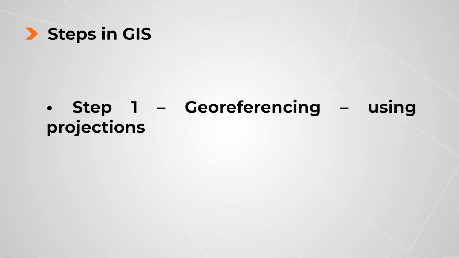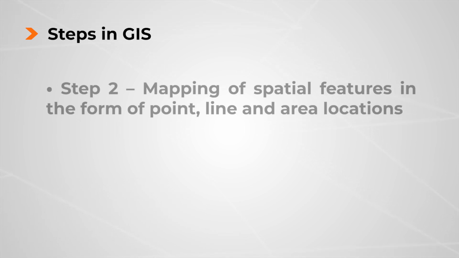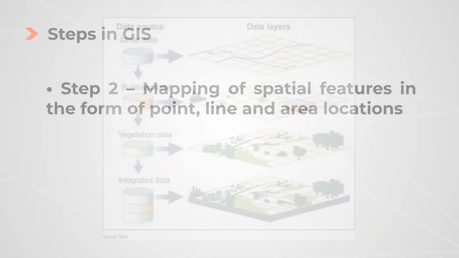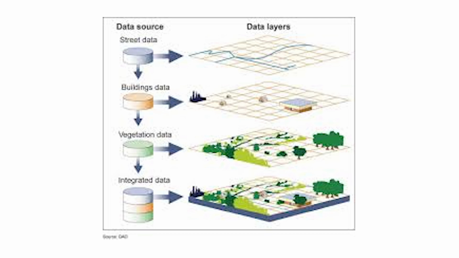Once a system for defining and describing locations has been established, spatial features in the form of point, line, and area or polygons, these have to be mapped. For instance, we can store the point locations such as location of hospitals, clinics, emergency shelters, and so on, or line features that may be roads, street, footpath, railway line, canal or power grid.